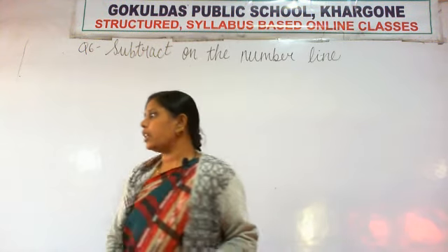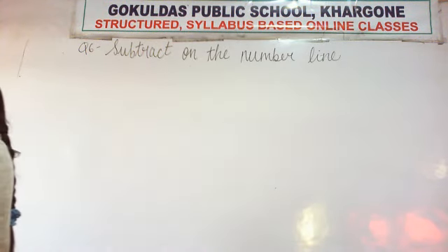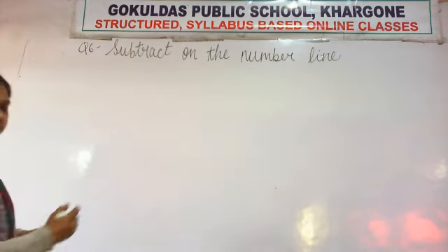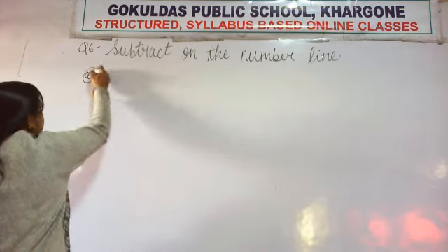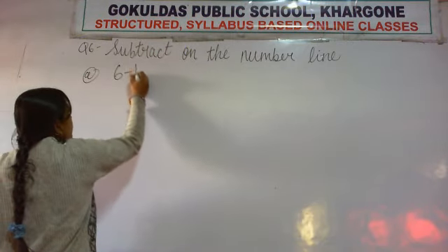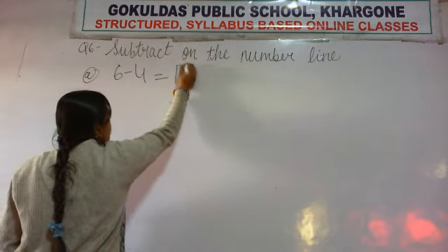Subtract on the number line. First question is 6 minus 4 is equals to.